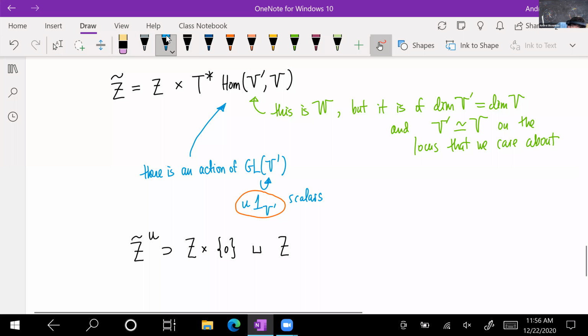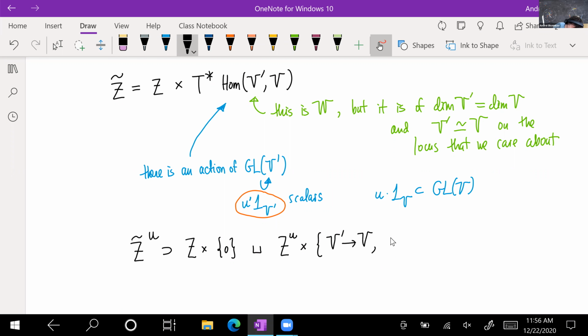Maybe to be pedantic, let's have it U prime, and the corresponding U would be U times 1 V. That would be a subgroup in GL V. And so if I have a fixed locus of that cross the locus where V prime is isomorphic to V, and then the other map is 0. The cotangent line, that map is 0.